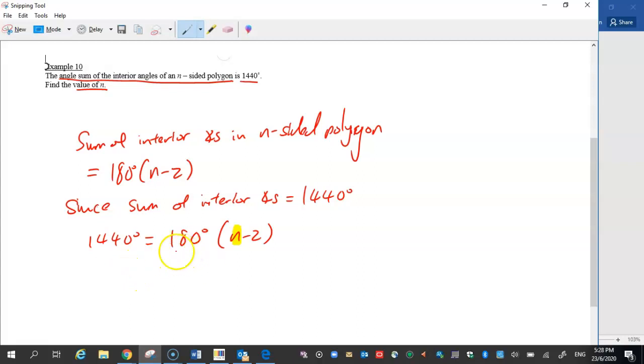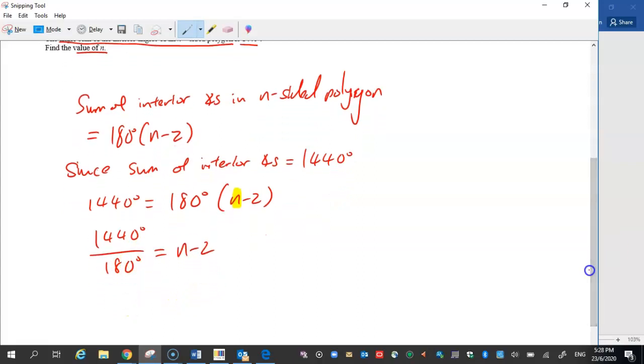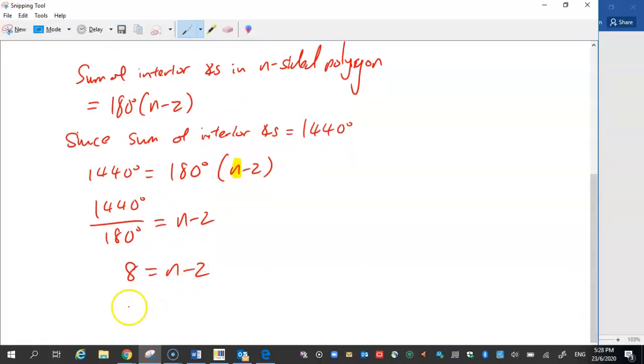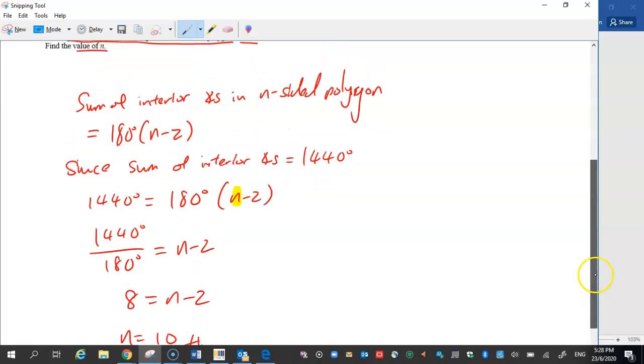Therefore, you divide by 180 degrees on both sides, and you have n minus 2. Now we calculate 1440 divided by 180. We have 8 equals n minus 2. Then you add 2 on both sides, and you get n equals 10. So I write n equals 10 over here. And that's all.